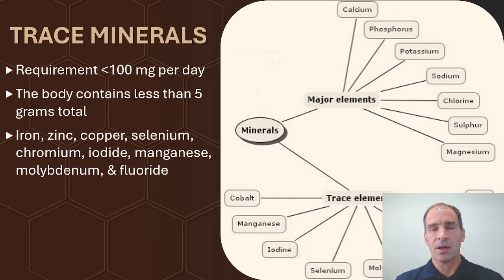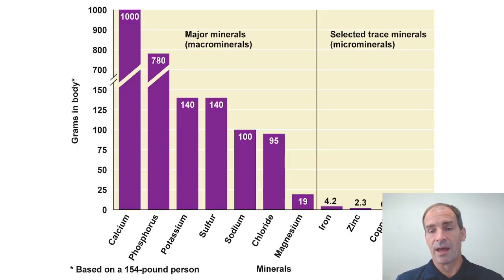Minor minerals, again, sometimes called trace minerals. Generally, the DRI of these is a lot less. However, it doesn't mean they're unimportant. And some of these, like zinc and iron, iodine, can be incredibly important for some very specific functions in the human body, and so we don't want to discount that. And so, like I said, we're going to go through a few of these, kind of like with vitamins.